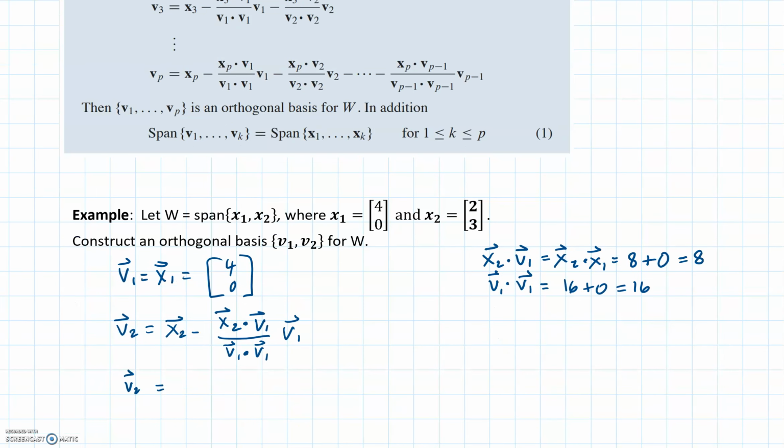So V2 is x2 minus 8 over 16, which is 1/2, of V1.